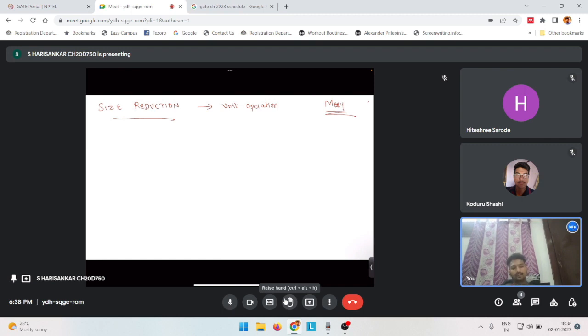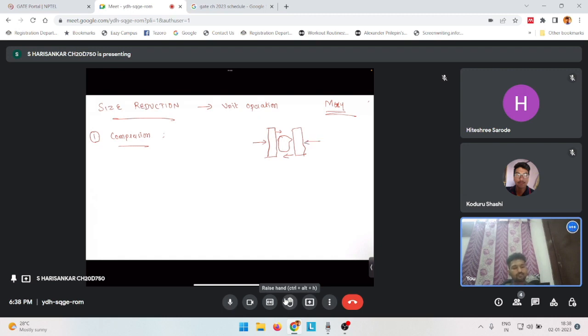Now this size reduction happens via four different principles. The first one is compression. Compression basically means, let's say you have a particle and a steel plate or a hard plate, and we are compressing this particle by applying forces in opposite directions towards the particle.